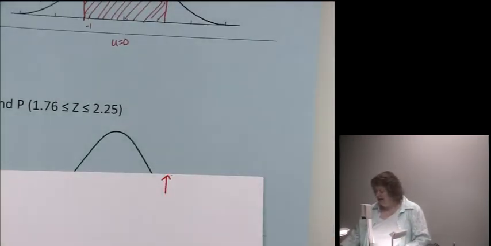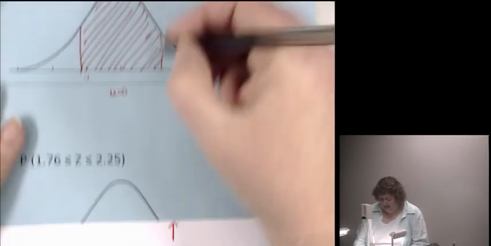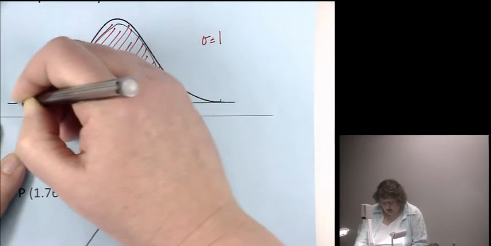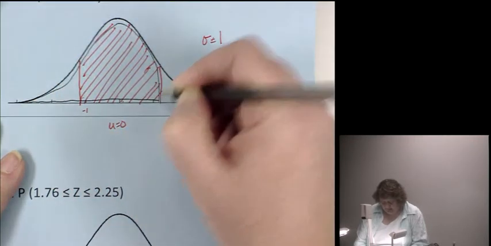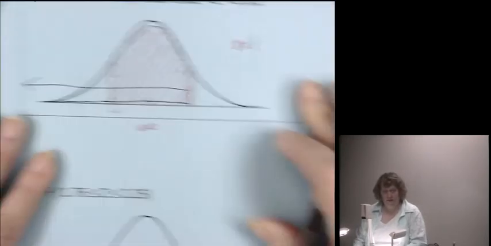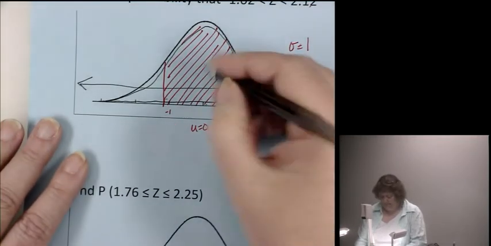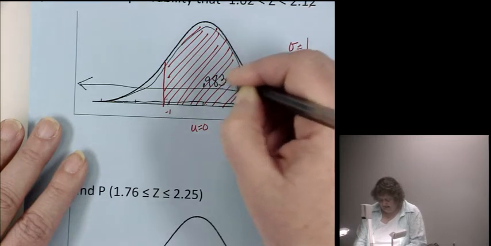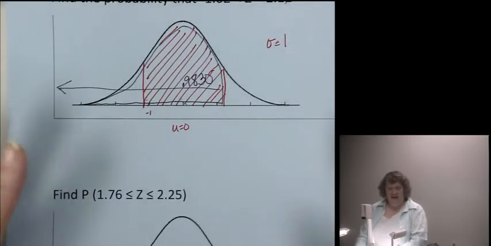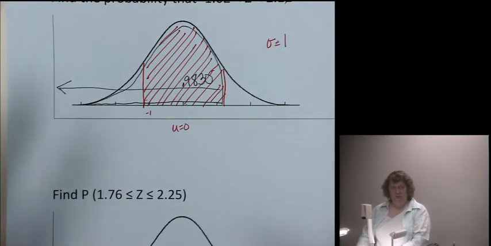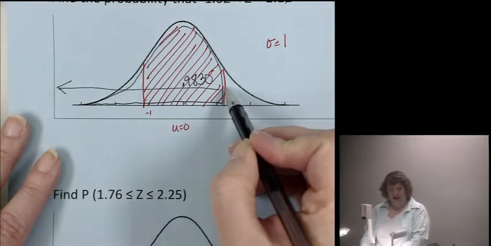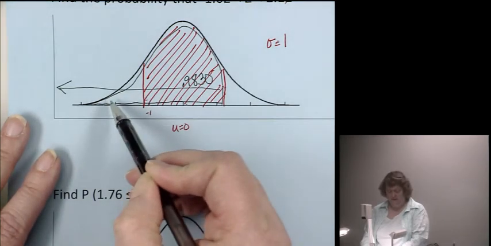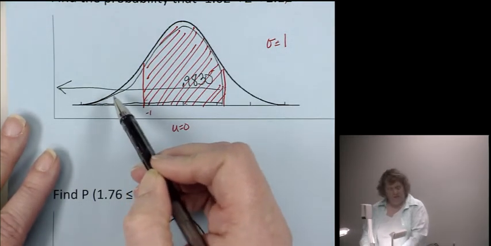Well, what that really gives me is this area all the way back this way as 0.9830. That is technically too much area. It's more than the red area. It starts out and does really good, but it adds this tail down here that we don't want. So this is not the number that we need.